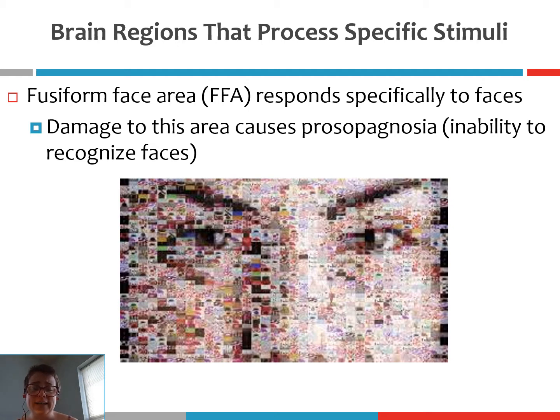So collectively, the fact that people who damage this region of the brain are no longer able to recognize faces, and the fact that it shows increased brain activation when we're viewing pictures of faces, seems to suggest that yes, the fusiform face area is in fact specialized for perception of faces.